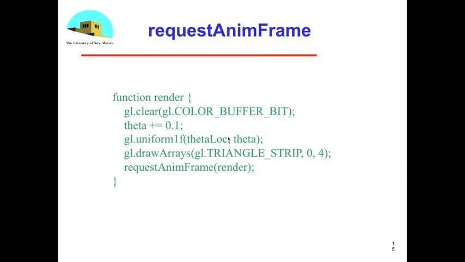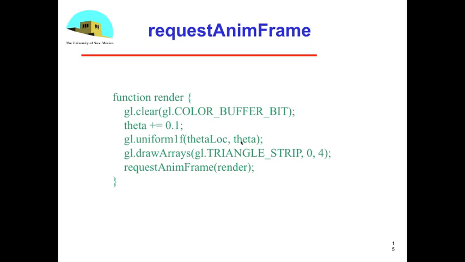The better way is probably to use requestAnimationFrame, because that's tied in to the browser, and when the browser is collecting events, it says, okay, the next time you're ready to do an automatic buffer swap, then I want you to execute this function, which is render. So again, it's recursive. It's incrementing theta every time you go through.